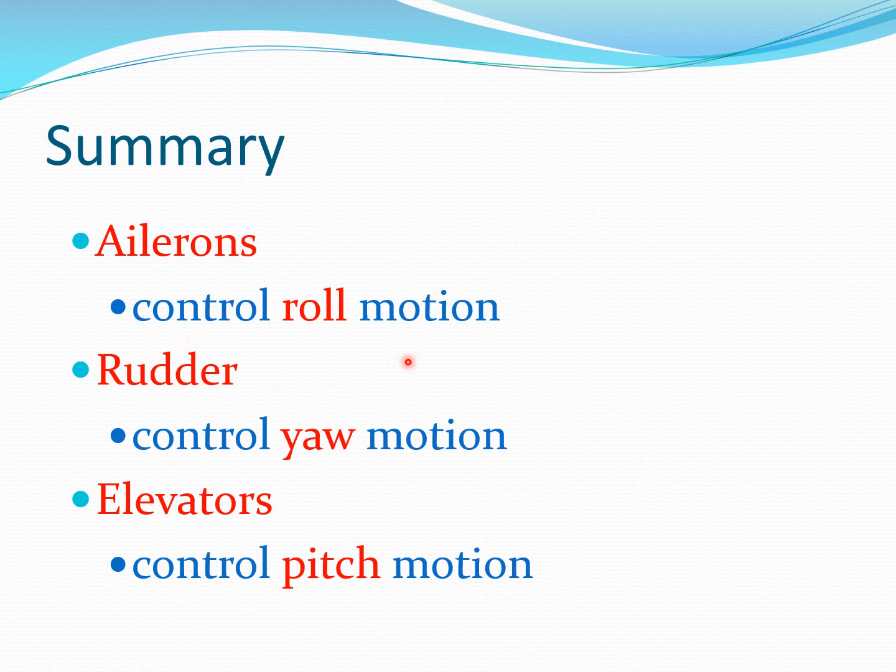If you compare it to boats and so on, you will see boats have typically got this rudder because there you need to control yaw motion. As far as the pitch and the roll are concerned, these are coming into the aircraft because the aircraft not only undergoes yaw motion, it also has the capability of roll and pitch. So this certainly makes the aircraft a more sophisticated device as far as control is concerned.